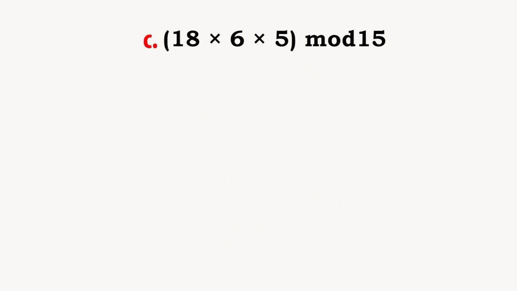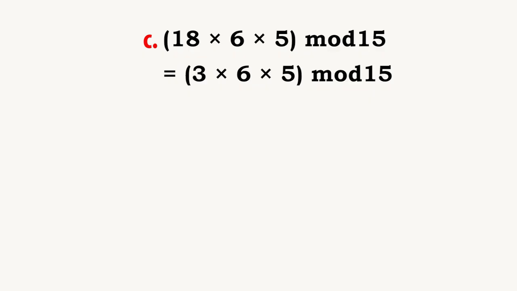C. We have 18 times 6 times 5 mod 15. What do we do? Reduce each number separately. We reduce the 18 to mod 15 and we get a remainder of 3. Now the 6, as you can see, is already in the simplest form. The 5 is already in the simplest form.